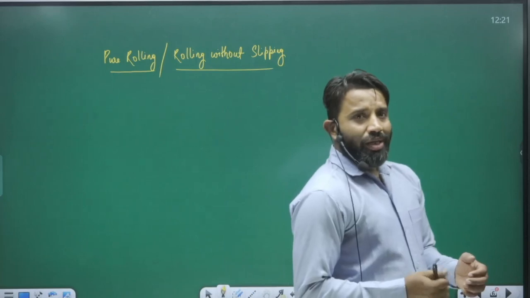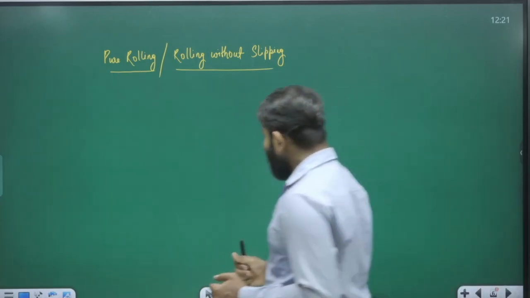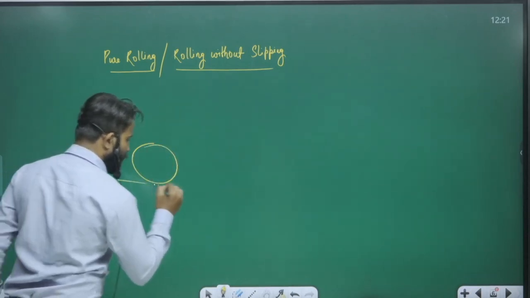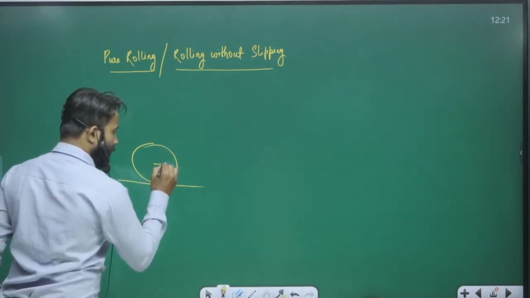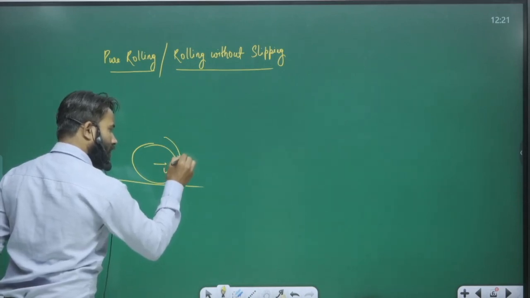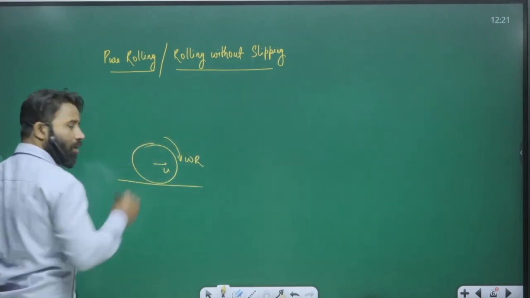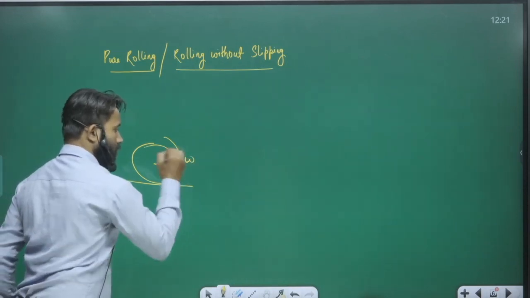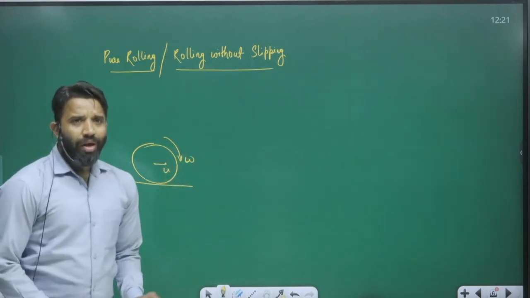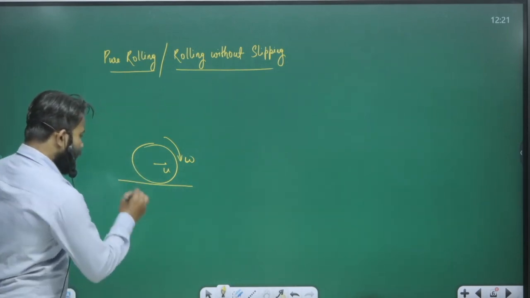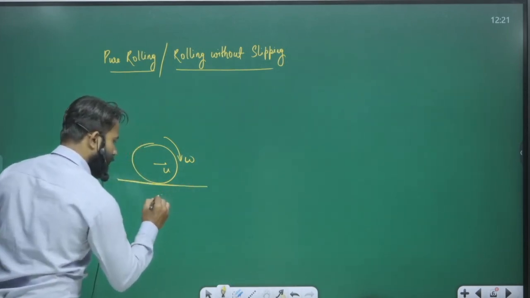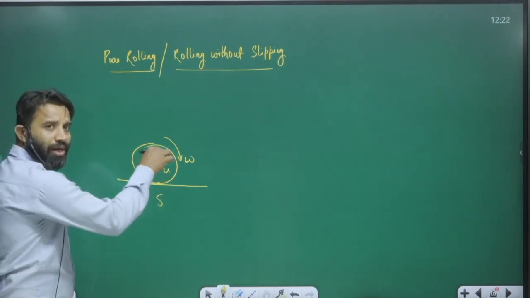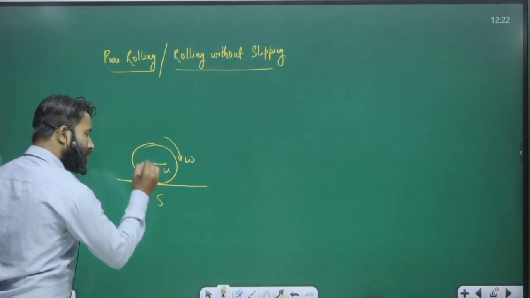Now what does it mean? What we observed in the previous part is that the body has some translational motion along with rotational motion, omega. Now let us say this surface is S and the point of this disc which is in contact is P.